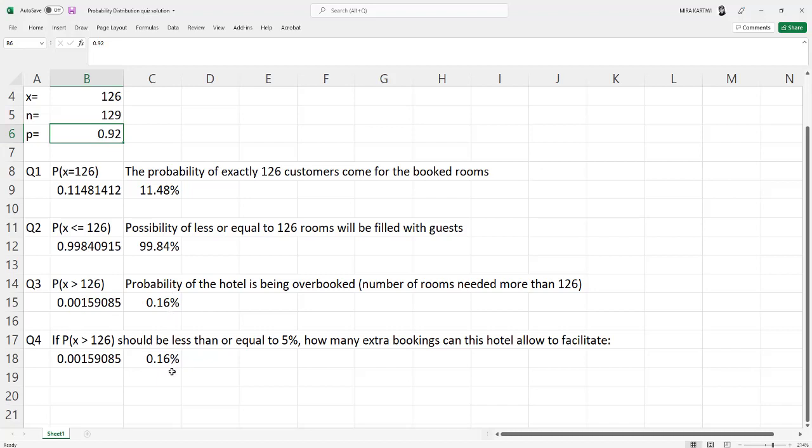This is around 0.16, still way below what the company is willing to pay. I think we can put more. What if it's 132? So it's about right. If we put one more, it will be above 5%, so this is of course a no-go for the company. In this case, I think the most optimum is to allow 132 bookings.